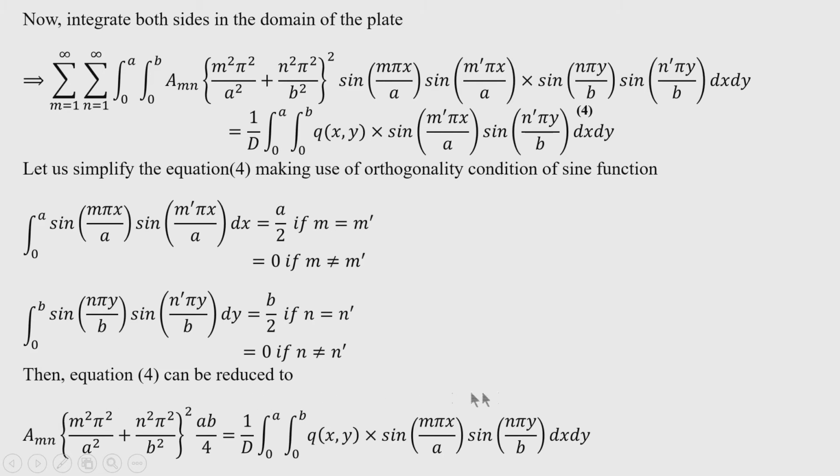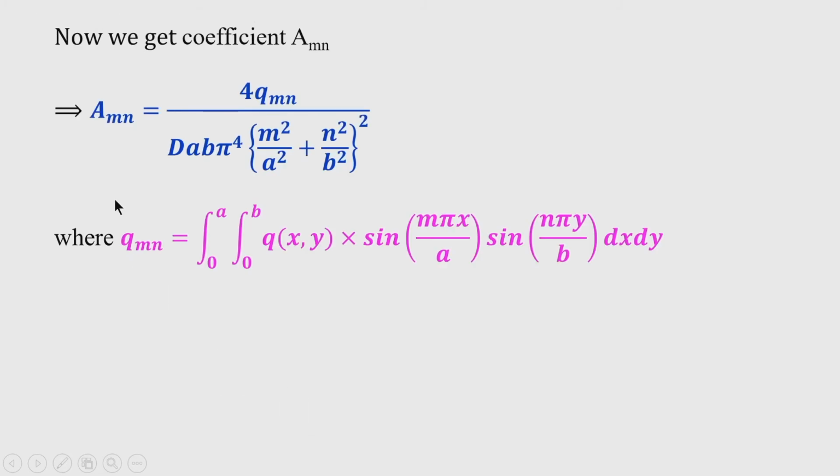Now, from this equation it is possible to write a m n, the coefficient of the deflected series or deflected function, the deflected surface, whatever you call it, as a m n equal to 4 q m n divided by d a b pi to the power 4 into m square by a square plus n square by b square, whole square. How has this term come?